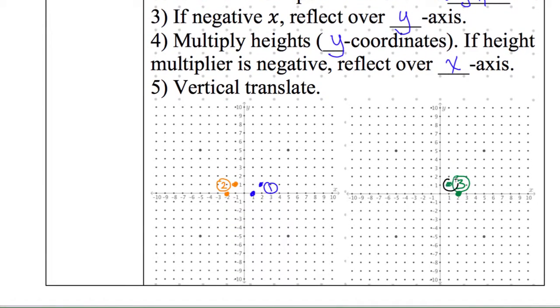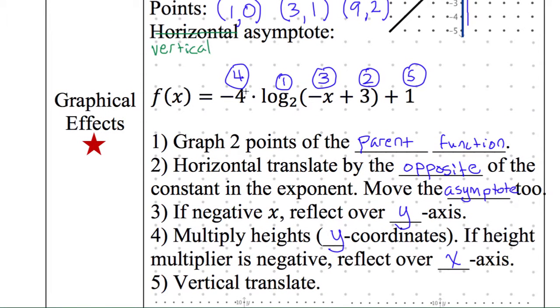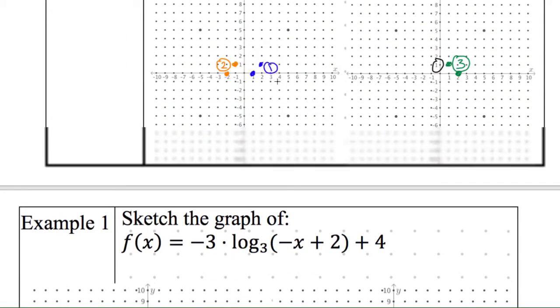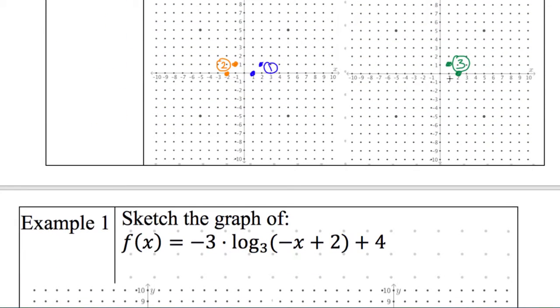Are you doing the first point or the second point? Okay, this first point had a height of 1, so multiply 1 by this number. What's 1 times negative 4? Okay, so that means we now have a height of negative 4. So it was 1, I'm going to come down here to negative 4.